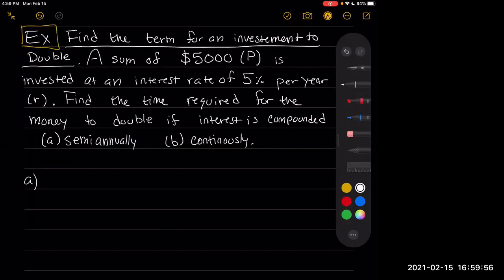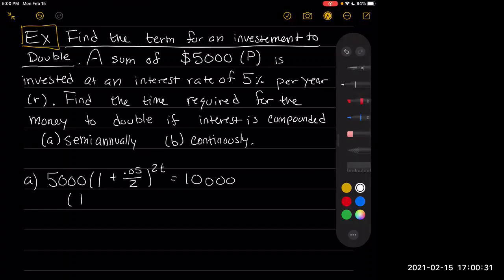So we're going to take our compound interest formula, so 5,000 times 1 plus 0.05 for 5% over 2 for semi-annually, to the 2t. And then for our money to double, that means we need $10,000. And now we want to solve for t. So first we're going to divide both sides by 5,000.